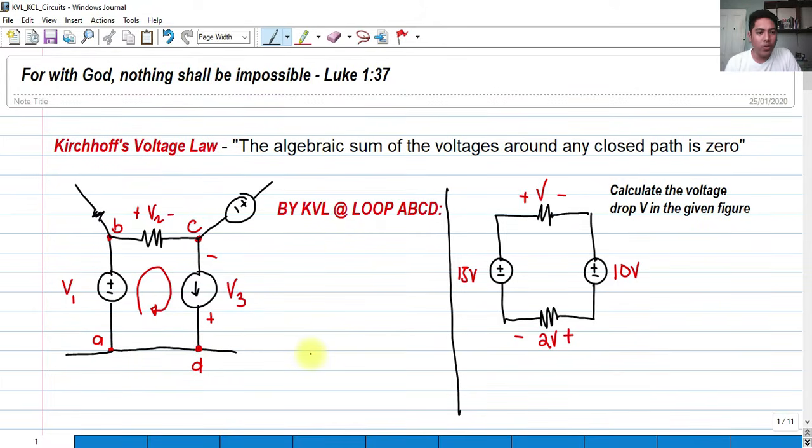ABCD, what we are going to do first, it's important to consider the signs of the sources, and also consider the polarity of resistors, even though they don't have polarities. But for the principle of the polarity of resistors, we must say that the current flows from a higher potential, positive, to a lower potential, because if the current starts here, it would enter the negative supply voltage of V1, and then it would go here.